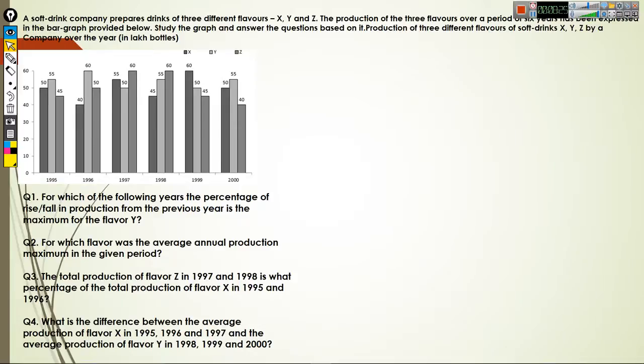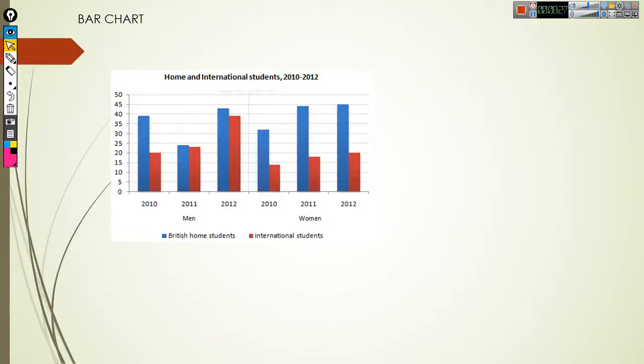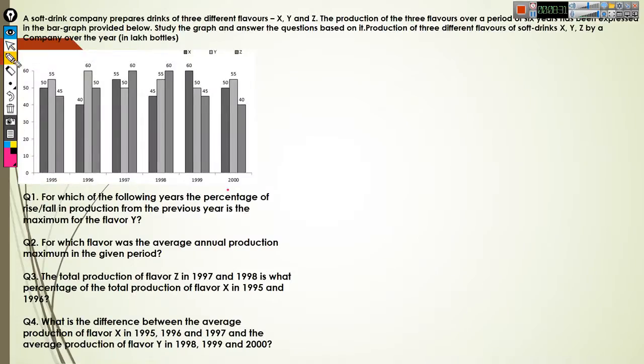So this is year, and this is production in lakh bottles. In this chart it is very easy to read. Why? Because the data is written above the bar, so you don't need to estimate from the axis.